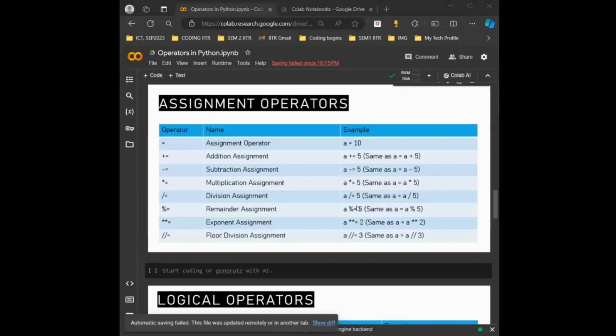First operator: equal to, the assignment operator. A is equal to 10 means 10 is the integer value which will be stored in the variable A. It can be 10.5 also, it can be any value.